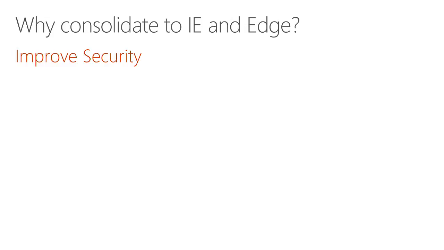Now not only are you vulnerable to IE bugs and Edge bugs, you're also vulnerable to third-party browser bugs and security vulnerabilities. You're basically increasing your attack vector. So you want to improve the security of your users because we love it when users get malware, don't we? Not. We want to avoid our users getting malware and malicious code installed on their computer via a browser.